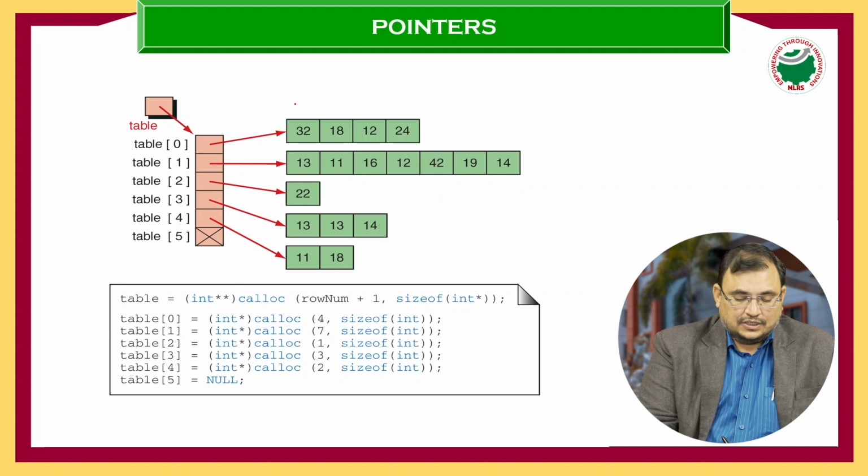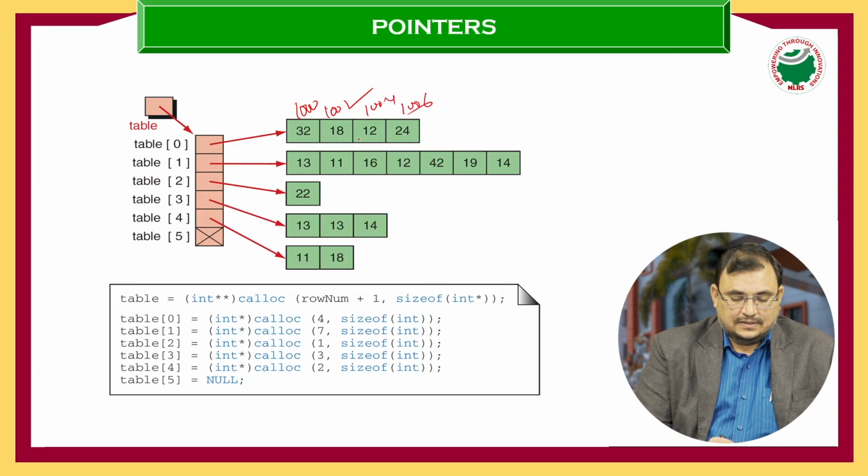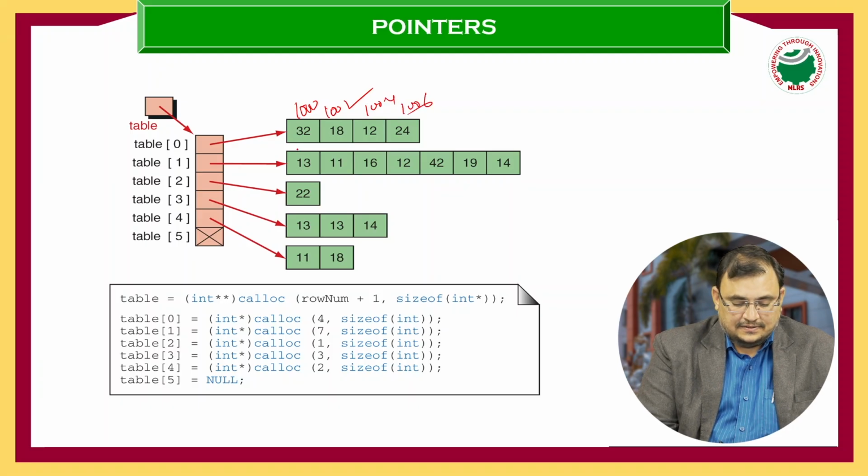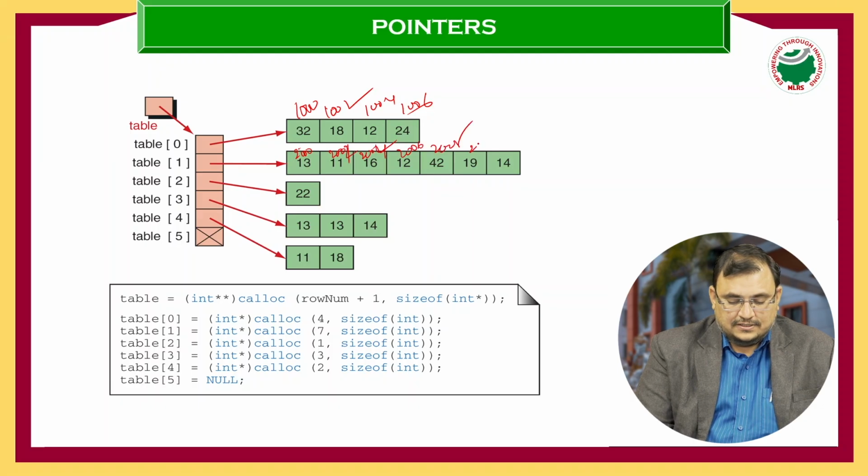Assume this is 1000, 1002, 1004, 1006. The address of this, that is nothing but you can store here, assume 2000, 2002, 2004, 2006, 2008, 2010, 2012.